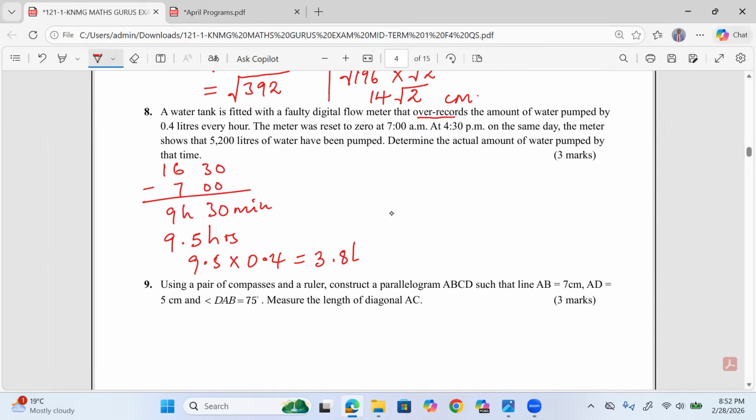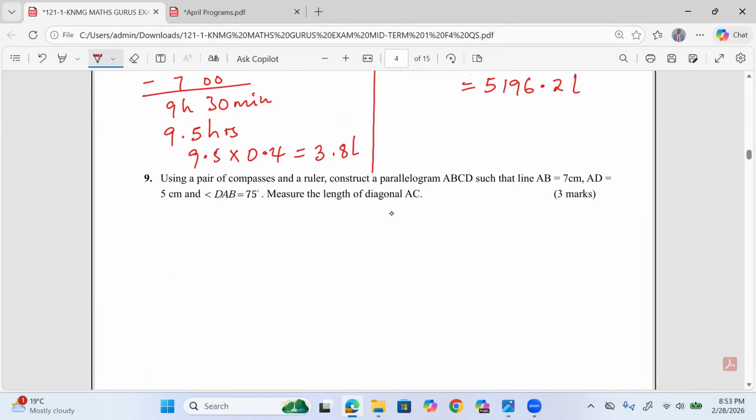That is the over-recording. So the actual capacity of the pumped water shall be 5,200 minus 3.8 liters, which gives 5,196.2 liters of water. That is the amount pumped in the specified duration.